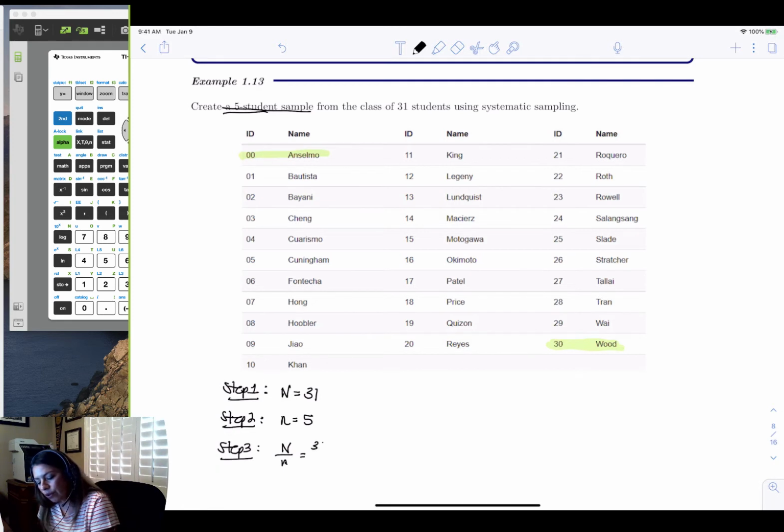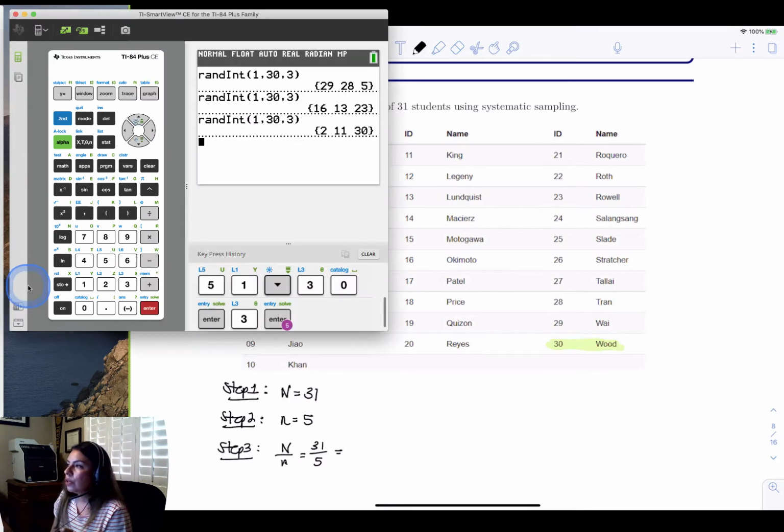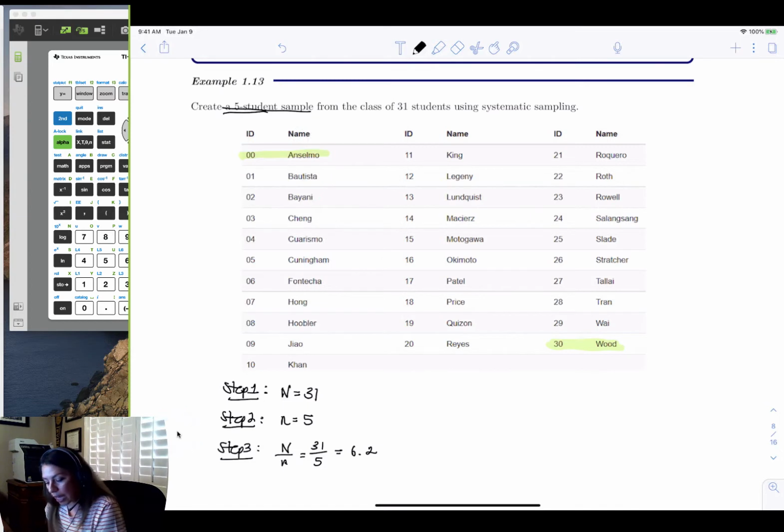So we have 31 divided by 5. If we go to our calculator and hit 31 divided by 5, we get 6.2. Here, if we round down to the nearest integer, that would be 6.